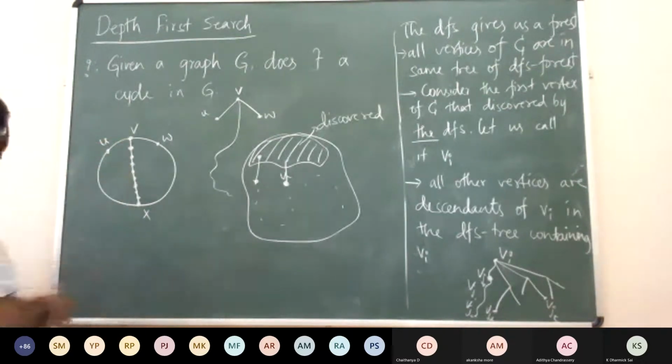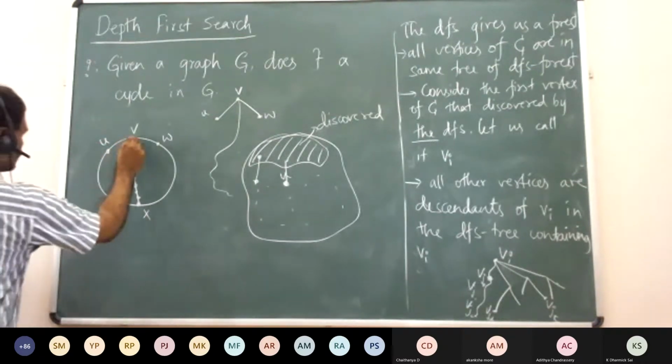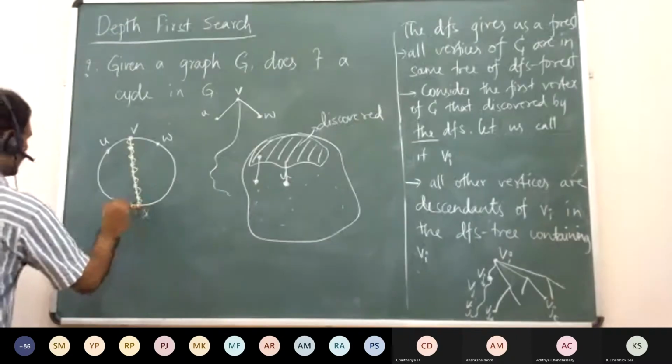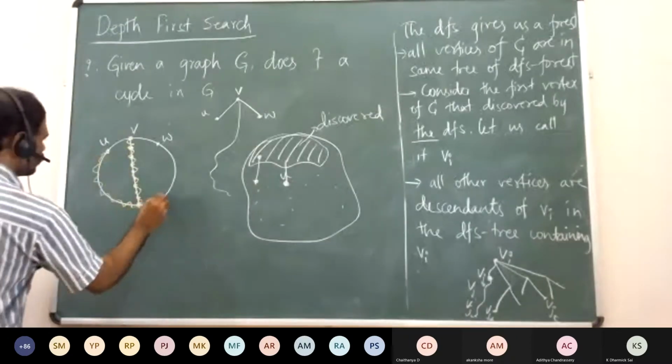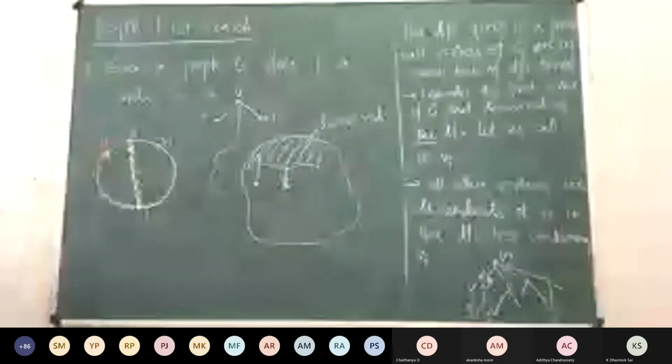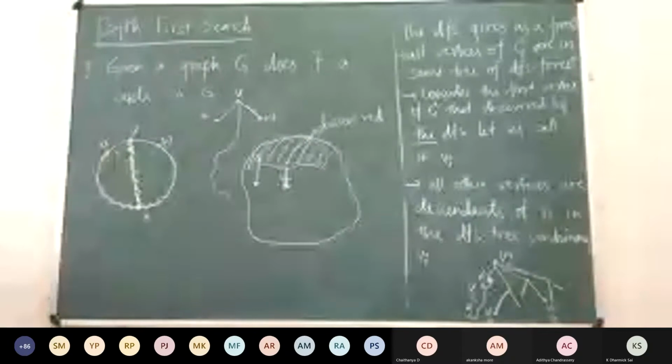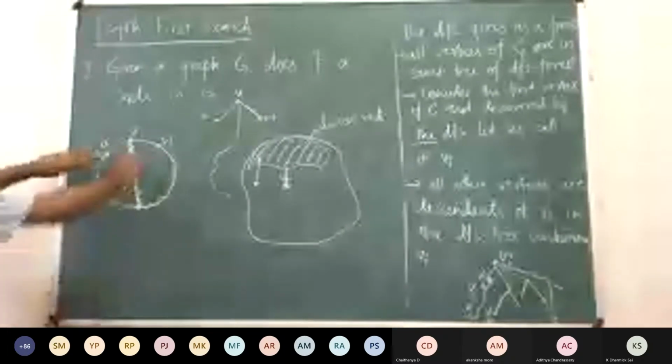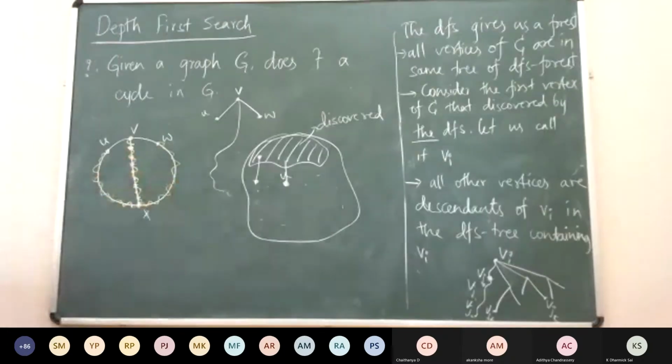Because if your DFS forest goes this way, then it goes like this and goes this way, notice that though they are in the same tree, they are not in the same branch. The DFS forest can look like this, so it is not necessary that out of U and W, one will be the ancestor or descendant of another. That is not a necessity.